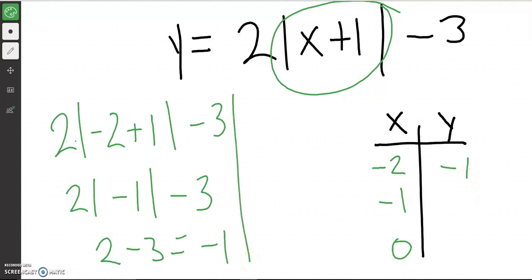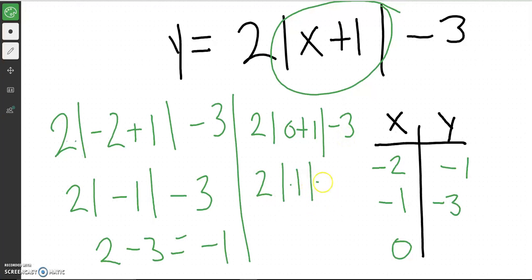If I did that for the second one, well, that becomes 0. 0 times 2 is 0. 0 minus 3 is -3. And we'll plug in the last one, so 0 plus 1 minus 3. Well, that's just going to become 1. Well, then I would get 2 minus 3, which equals -1.